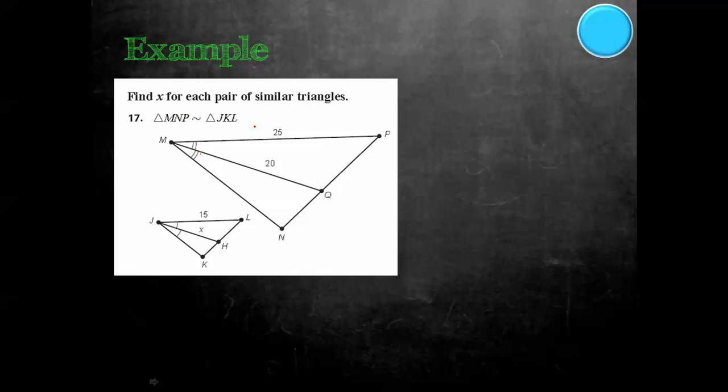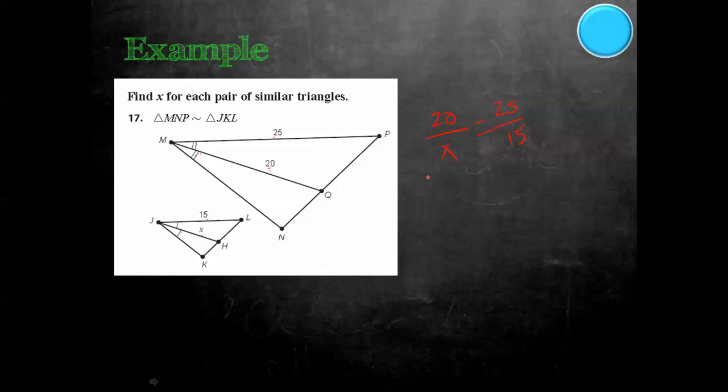Okay, so here we want to find x for each pair of similar triangles. All right, so here is this pair right here. Now, if you notice, we have the angle bisectors, okay? So what we can say is that 20 over x, this angle bisector over that angle bisector, can equal 25 over 15 because these are the corresponding sides that it gave us numbers for.